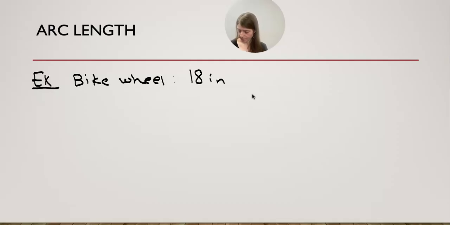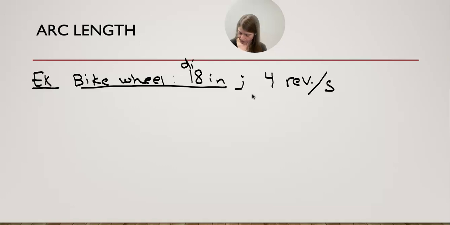And let's say that the tire is rotating at 4 revolutions per second. I forgot to write this here, but I said a diameter of 18 inches. That's usually how they give a bike wheel. And then we have revolutions per second.